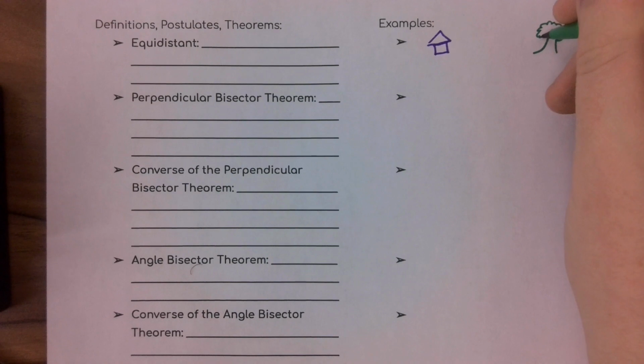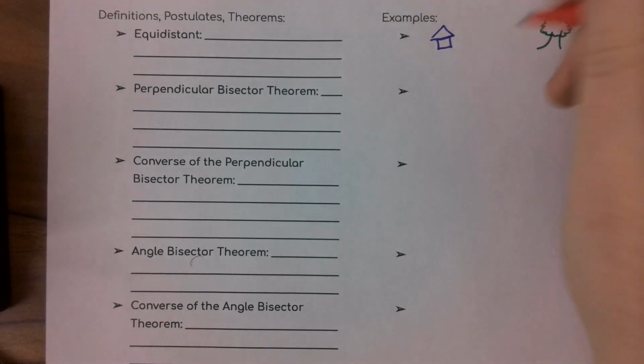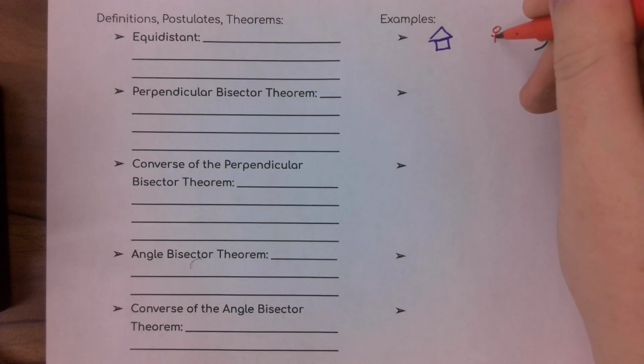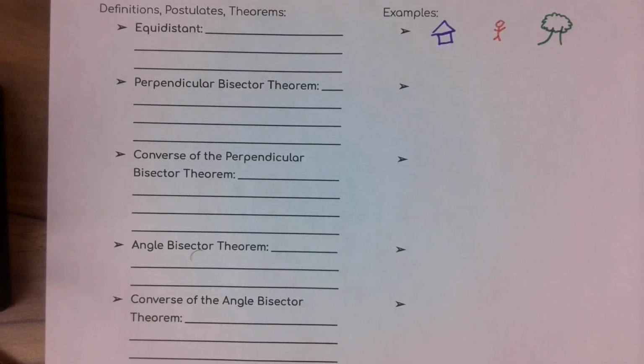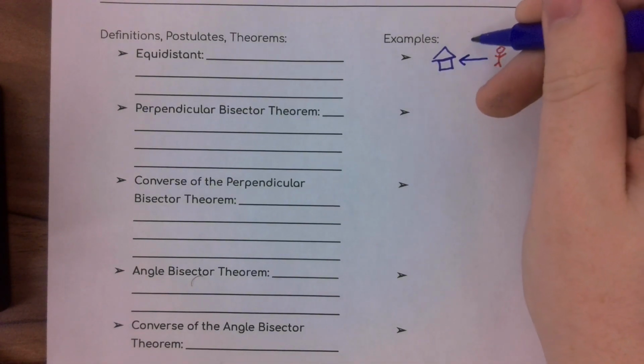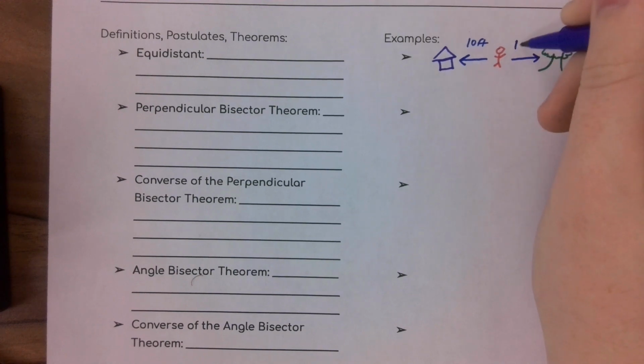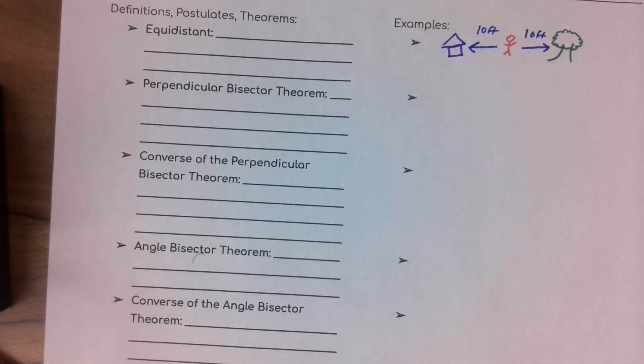As you can tell, I am the best artist of all time. And let's say that I am standing directly in the middle of them. If I am the same distance from the house, we'll call it 10 feet, as I am from the tree, I am equidistant from both.